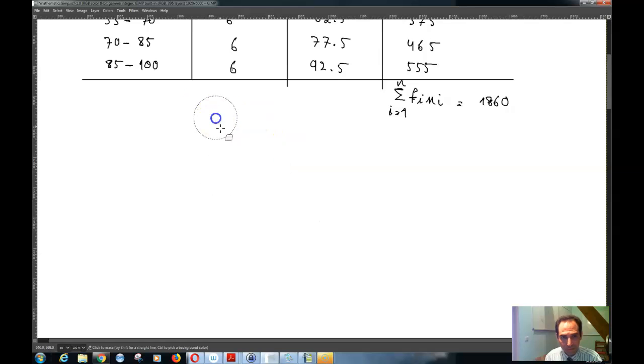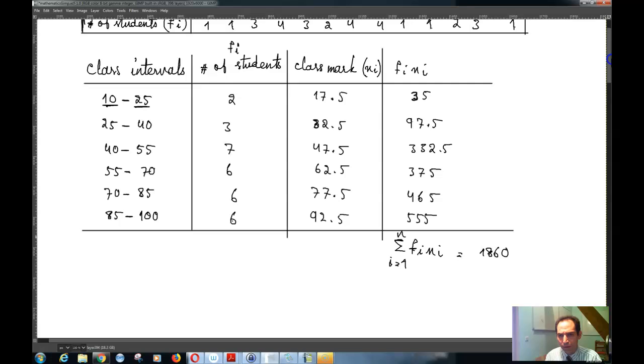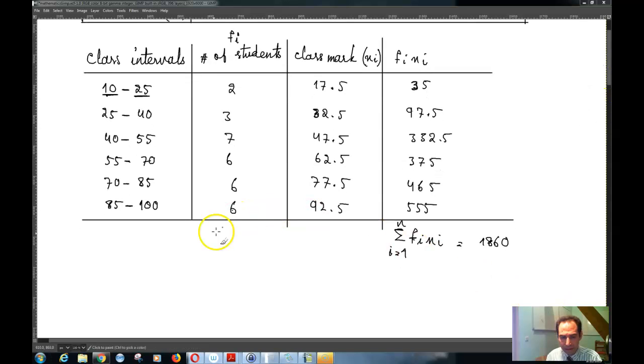So now we said that x bar is equal to sigma f of i x of i, which is this value over here, 1860, divided by sigma f of i, which is this value over here, equal to 5 plus 12 plus 18, which is 30, right?